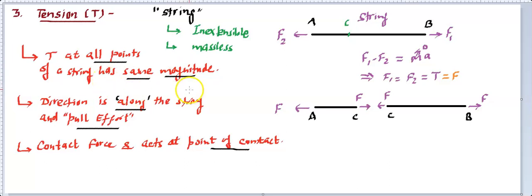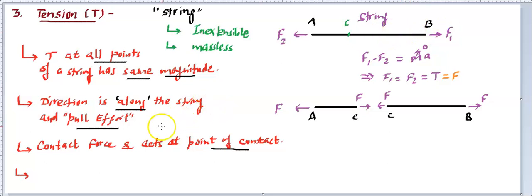Based on this, you can answer the direction of tension, and you can draw the diagram. As far as the magnitude is concerned, magnitude is not fixed, it depends on the force that you are applying. So whatever force you apply, that becomes the tension.